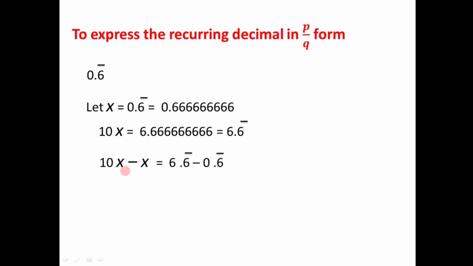So the next step, 10x minus x, that's 9x, is equal to, now on both sides after the decimal we have 6 recurring, so it will cancel each other. So 6 minus 0, that's 6. If we take 9 to the right hand side, it will be x is equal to 6 divided by 9. We assumed x is equal to 0.6 recurring. That's why 0.6 recurring is equal to 6 divided by 9.